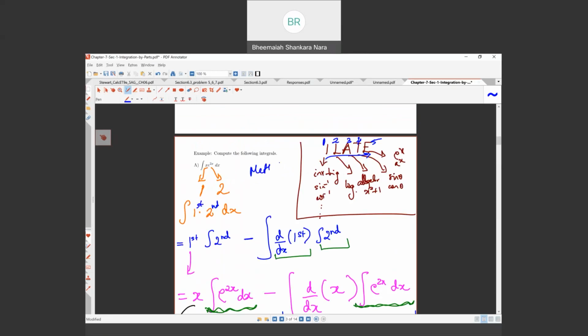I call it the ILATE method. ILATE: I stands for inverse trigonometric, L for logarithm, A for algebraic, T for trigonometric, E for exponential. Again, both the methods are the same, just the way you interpret them is a little bit different.